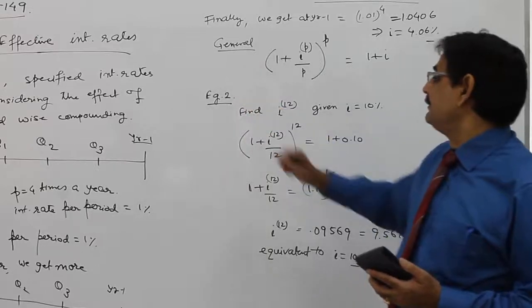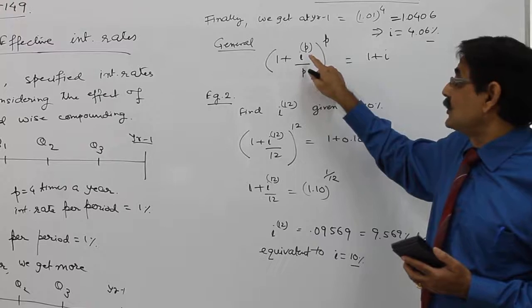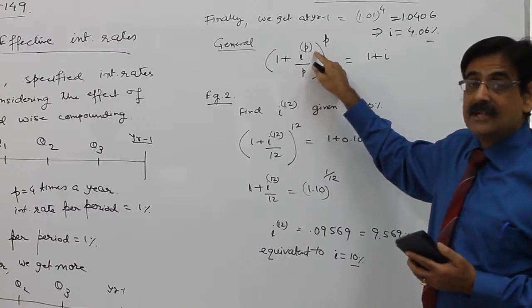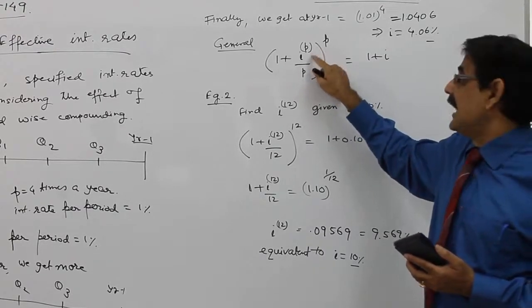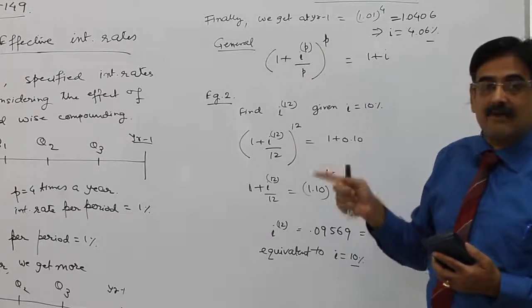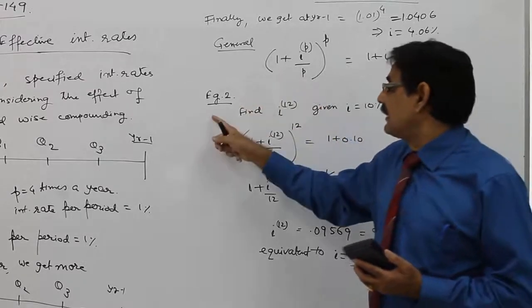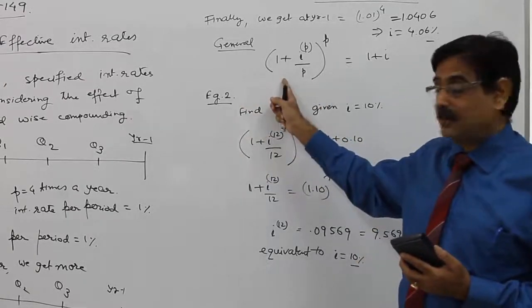Consider the second example. One thing you must take care of is that this is not I raised to the power p. It is a convention used in actuarial science that the p within the bracket does not mean a power or an index.